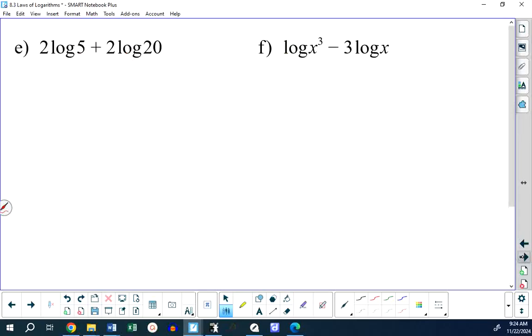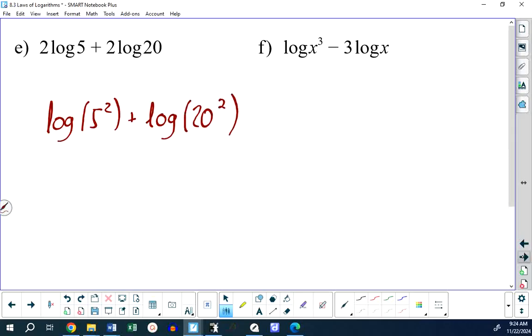E. Well, we can't pack these two together as a single logarithm until we bring those exponents up. So we're doing the exact opposite of what we did in the very first example, where we separated the logarithms, then moved the exponents down.